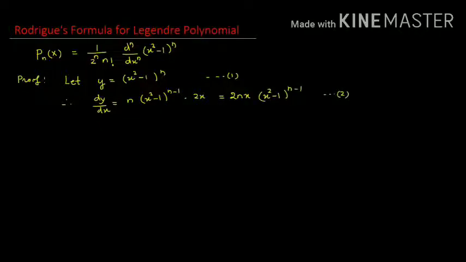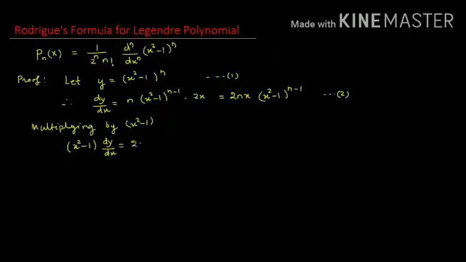This is equation 2. Multiplying by x square minus 1 on both sides, we get x square minus 1 into dy by dx is equal to 2nx x square minus 1 to the power n, which is equal to 2nx y.